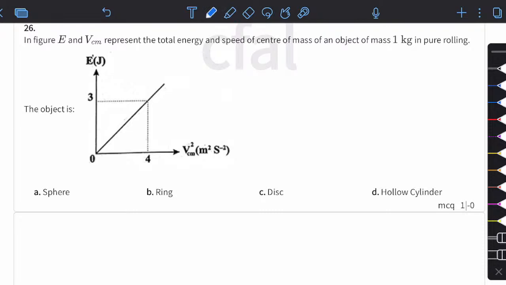They mentioned that E represents the total energy. Now, usually we think of total energy as kinetic plus potential, right? But here we have to understand from the problem that it can't be potential, because we don't know what kind of potential could be there if it is there. Is it gravitational potential? Is it spring potential? Since nothing else is mentioned in detail, we assume that what they mean by total energy is total kinetic energy.